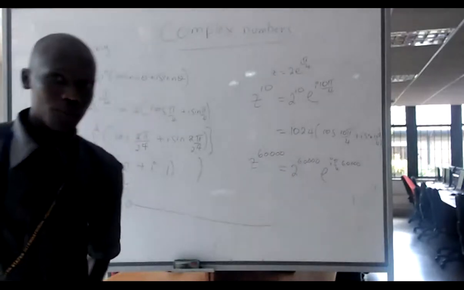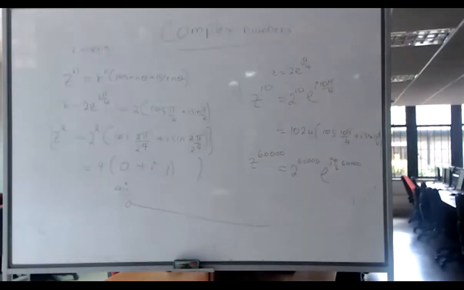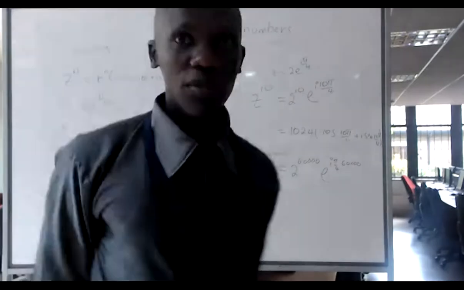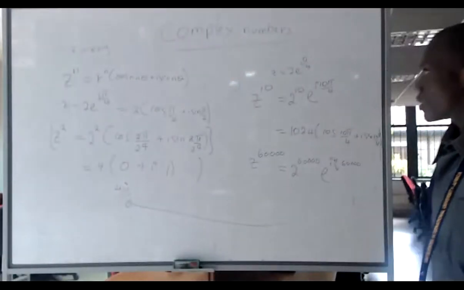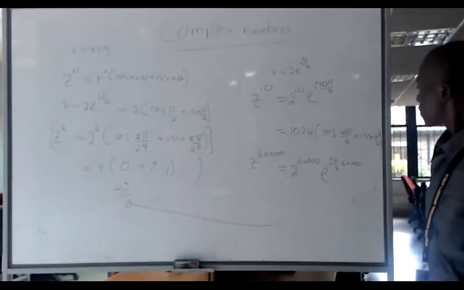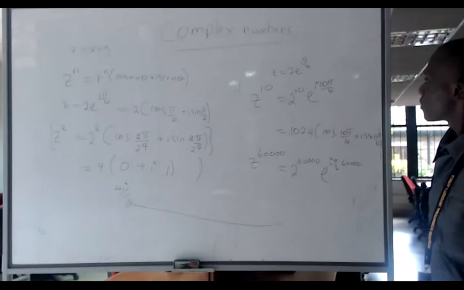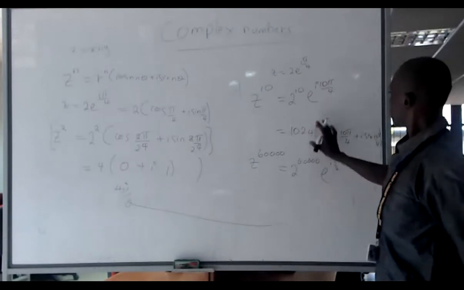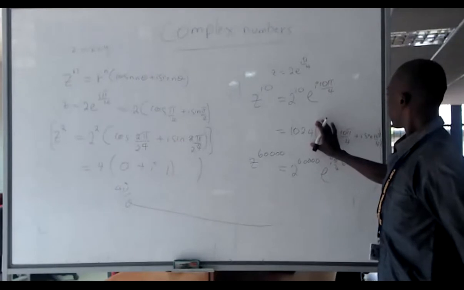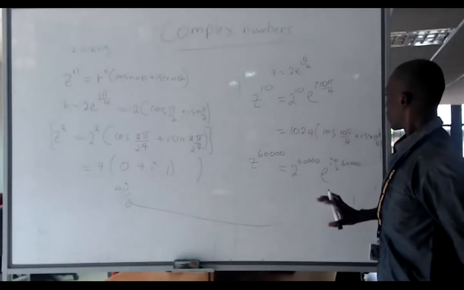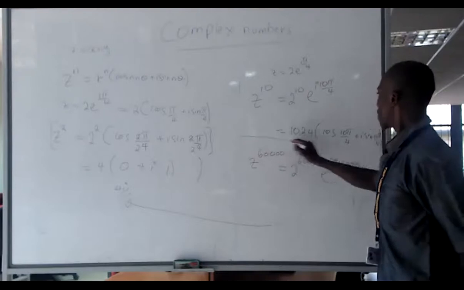Is the idea home? Hello guys, talk to me. If there's a problem, you say and we look at it. Could you go over from 1024? Yes, from there. This is already done. This is z to the 10.